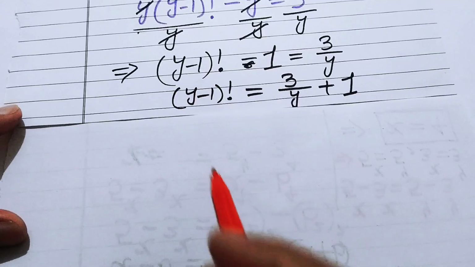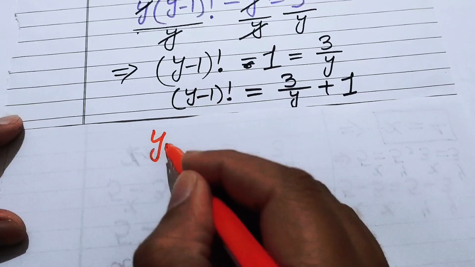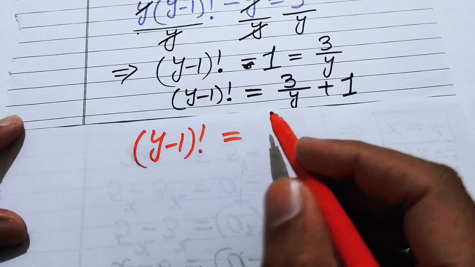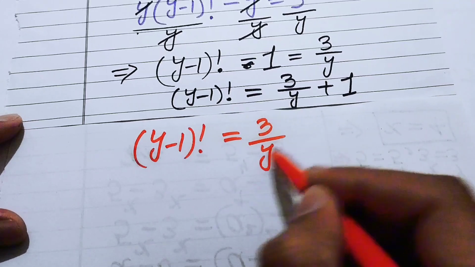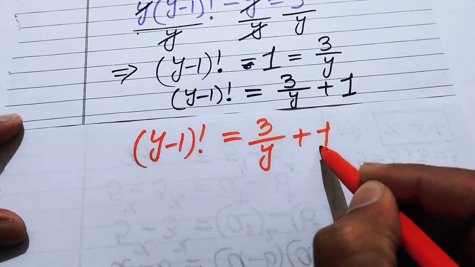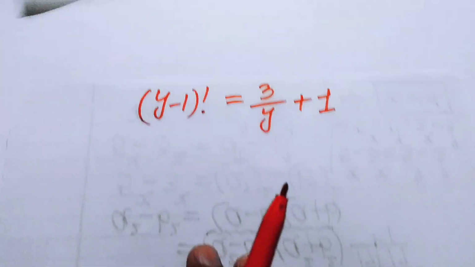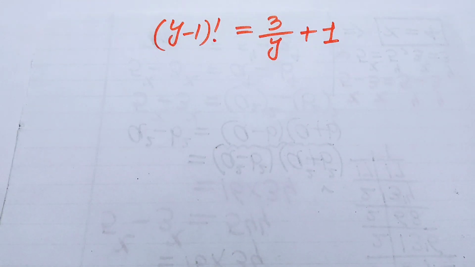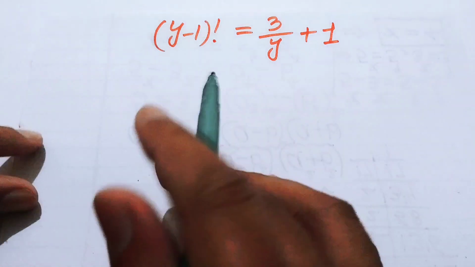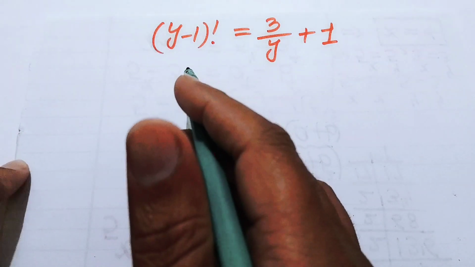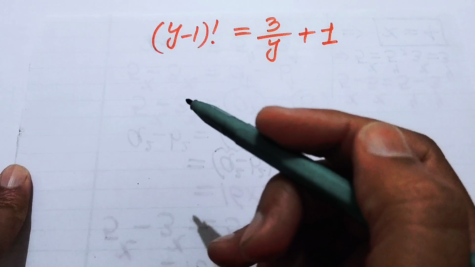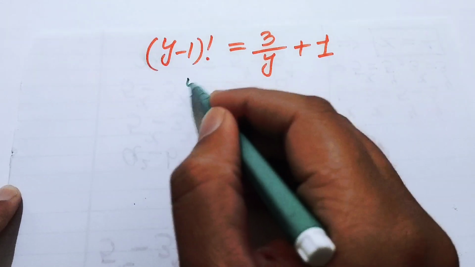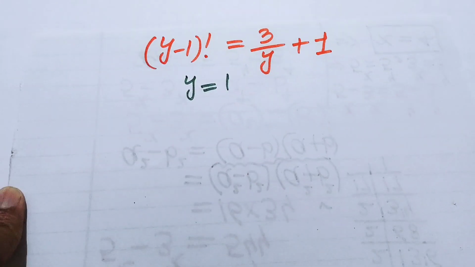So now I can first again write this expression as (y minus 1) factorial equals 3 over y plus 1. So now we will find the value of y here by inspection. We put in values of y and check which values are satisfied here. First I can take y equals 1.